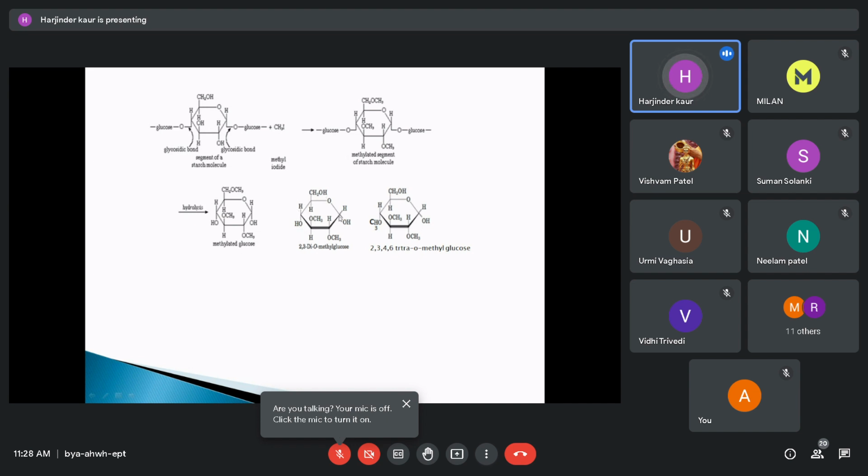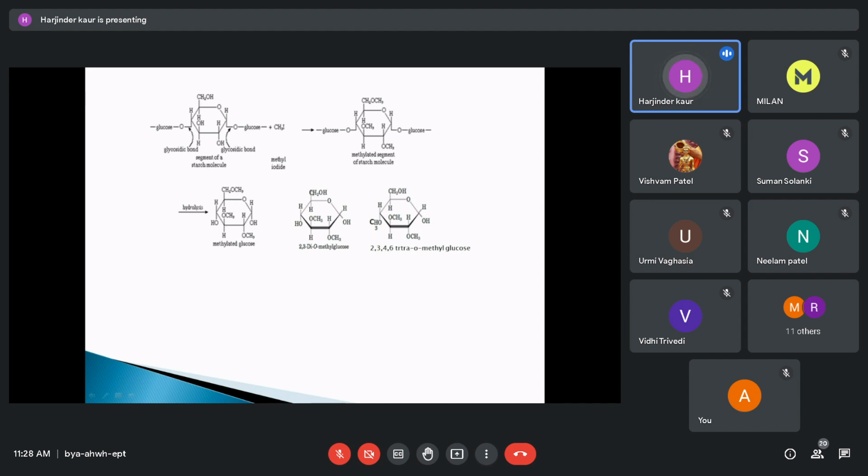Now this happens because in one part of the starch there are also side chains present, and these side chains are linked through the 6th carbon. That is why in some of the monosaccharide units this also does not get methylated, because it is also involved in chain formation through 1,6 linkage.